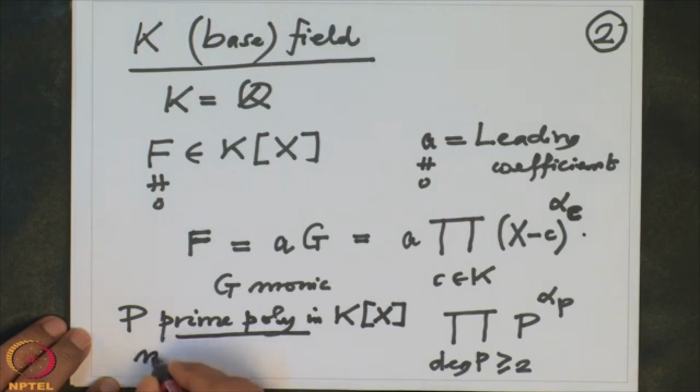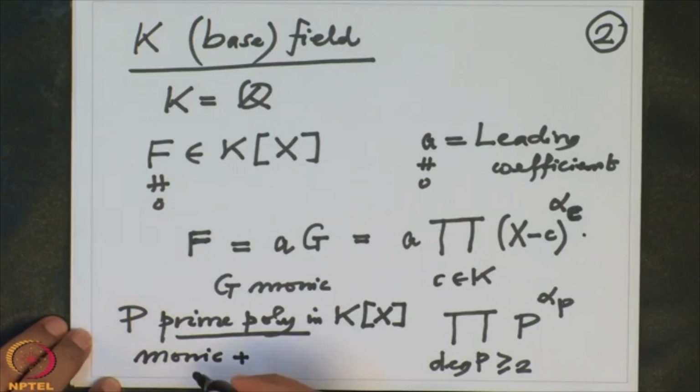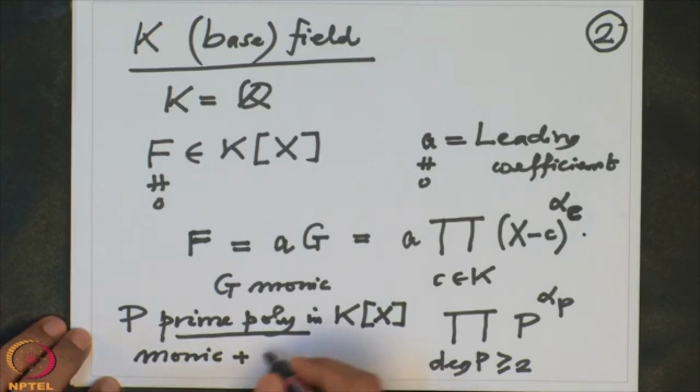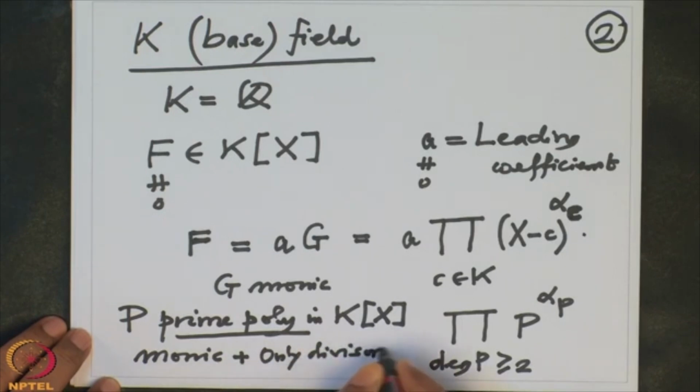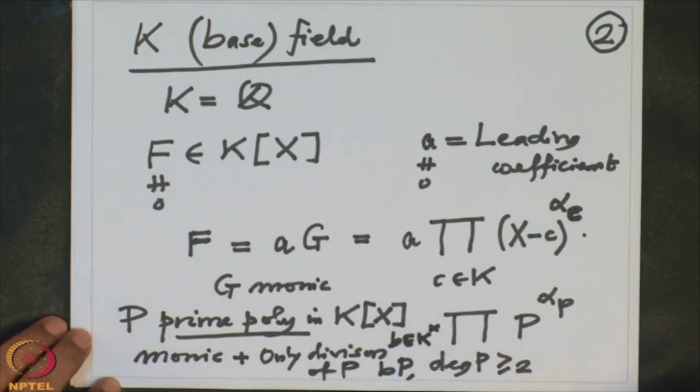First of all, P is monic, and the only divisors of P in K[x] are of the form B times P, where this B is actually a unit in K, that means it is in K cross. Those are the only divisors in K[x].